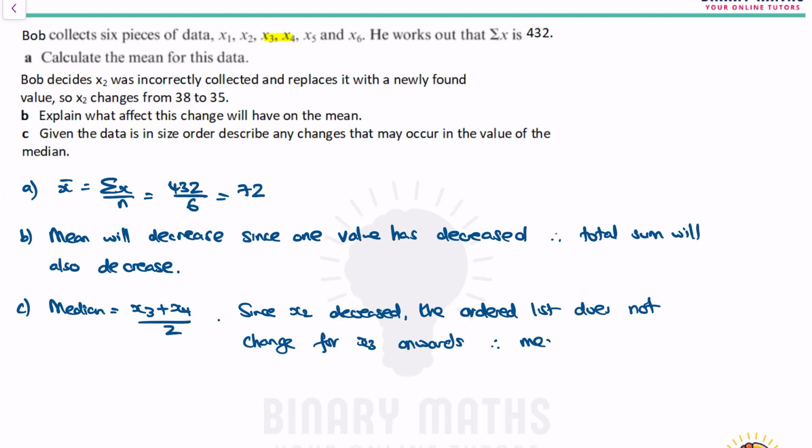Therefore, median will still be x3 plus x4 divided by 2. Therefore, median is unchanged.